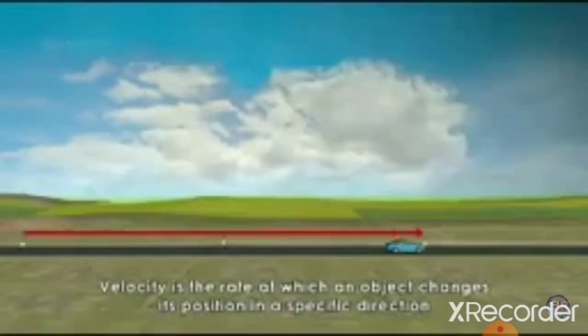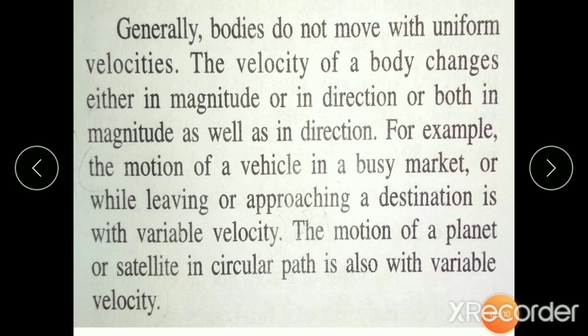So next is velocity. The velocity of a body is the distance traveled per second by the body in a specific direction. Velocity is a vector quantity, and we have also seen uniform velocity, non-uniform velocity, instantaneous velocity and average velocity. Generally, bodies do not move with uniform velocity. The velocity of a body changes either in magnitude or in direction, or both.